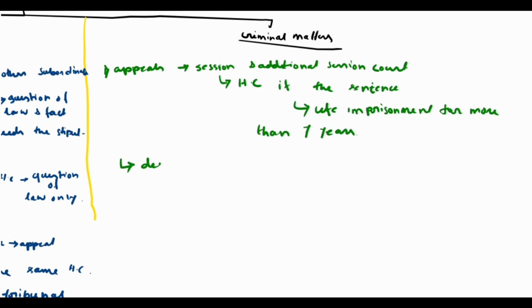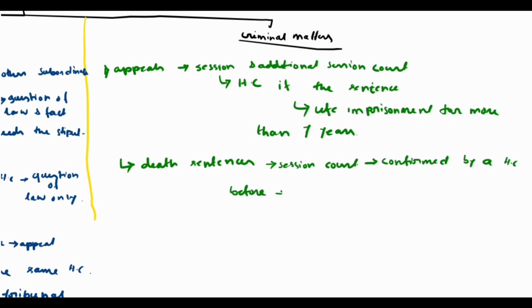Death sentences awarded by the sessions court must be confirmed by a High Court before they can be executed, whether there is appeal or not.